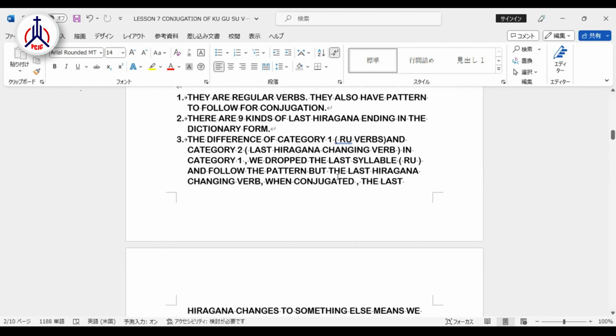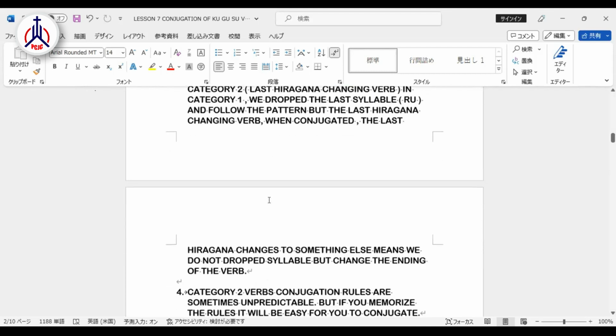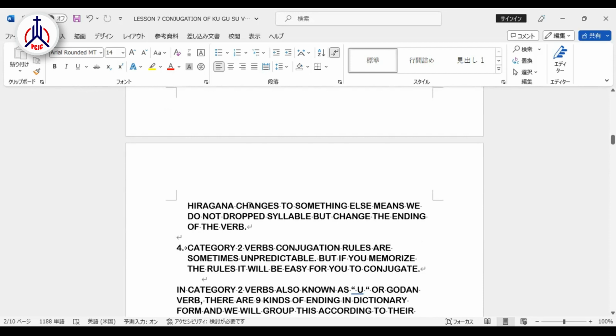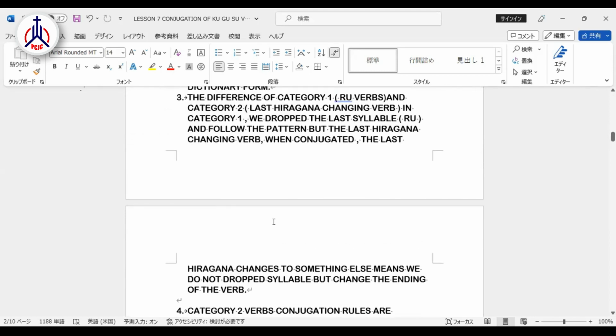But in the last hiragana changing verb, or the category 2 verb, when you conjugate it, the last hiragana changes to something else. It means we drop the syllable and change to another ending of the verb. Again, I repeat, the difference between ru verbs and the last hiragana changing verbs: in ru verbs, we drop the last syllable ru, and then follow the pattern of the conjugation.